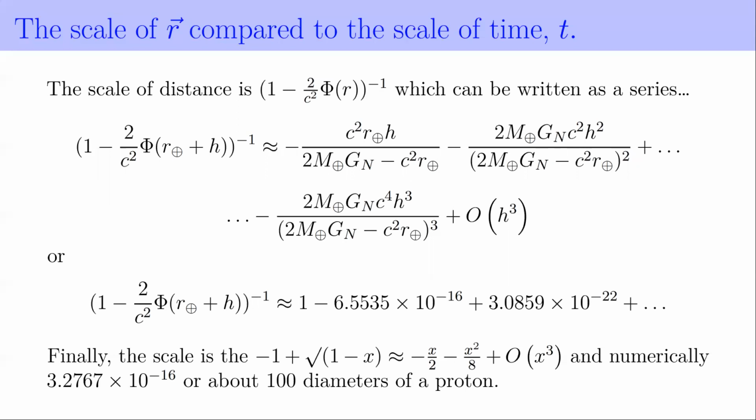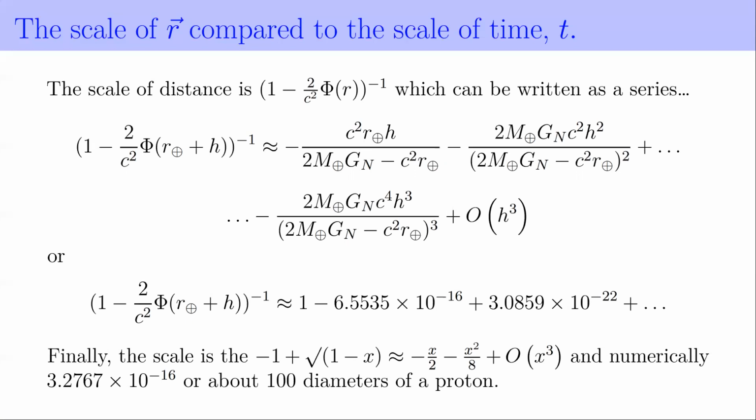When you throw in the radius of the Earth, the velocity of light, the mass of the Earth, and Newton's gravitational thing, you find out that it's approximately 1 minus 6.5 times 10 to the minus 16. And the next term is 10 to the minus 22.